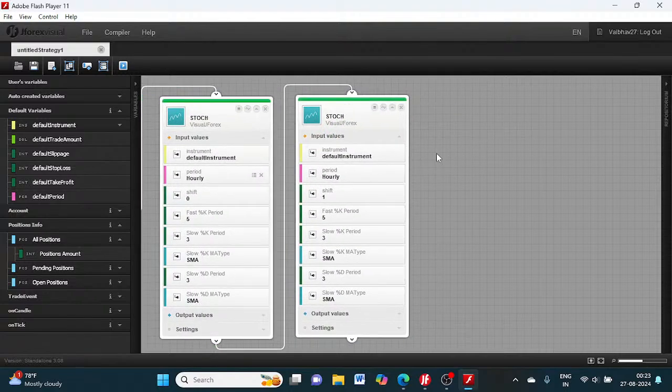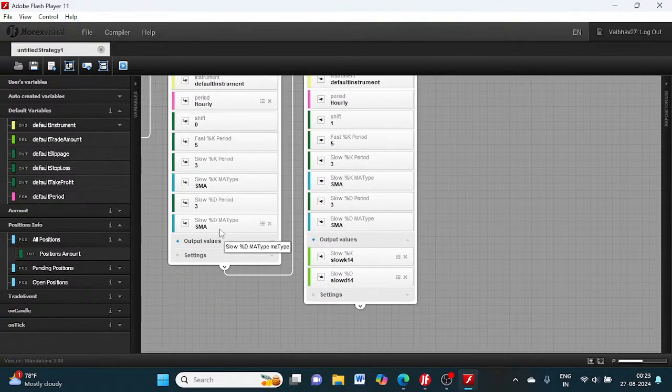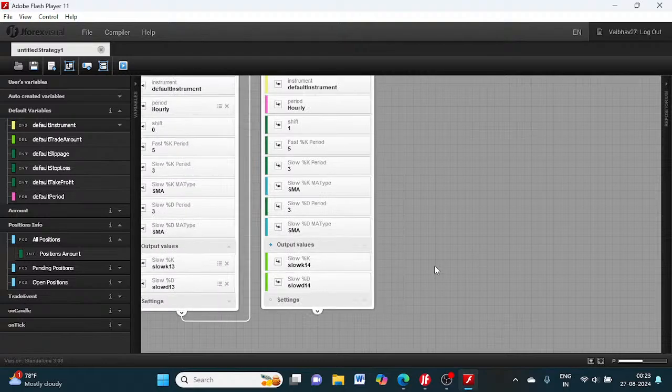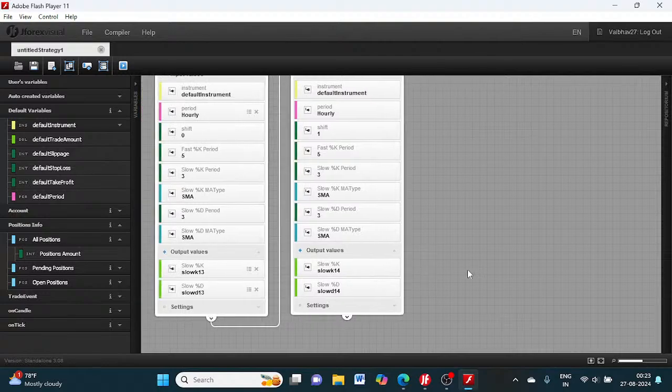Now we have defined this, we can take these output values, slow K, slow D, and do a comparison. We also can add conditions like the output values need to be below 20 or above 80. So those can be done straight away.